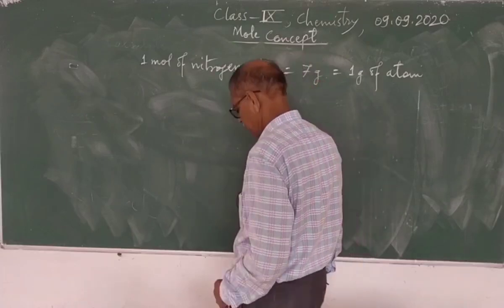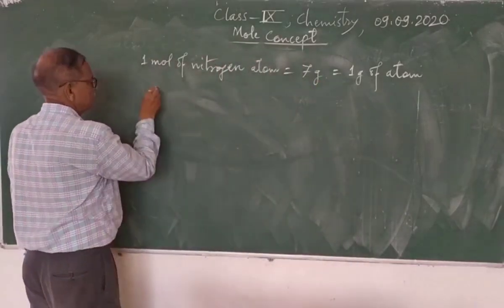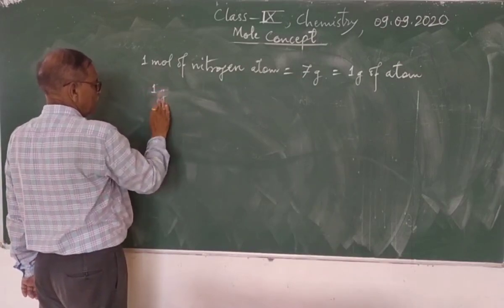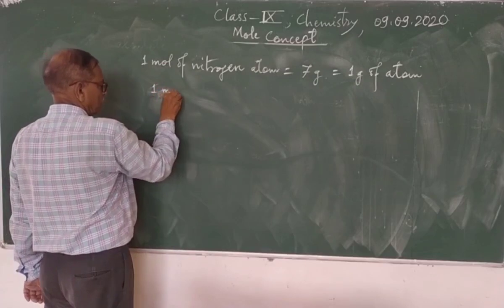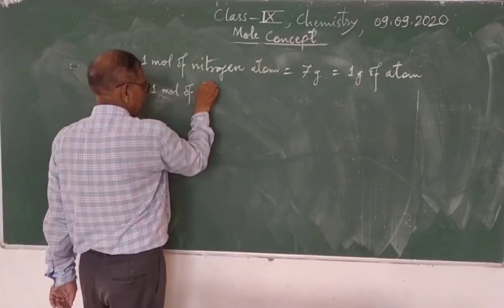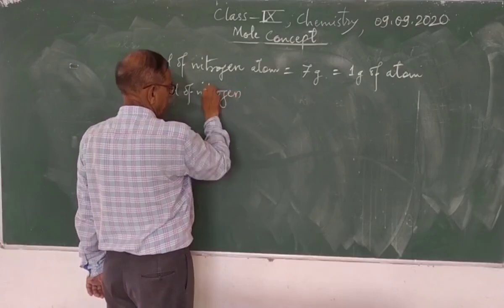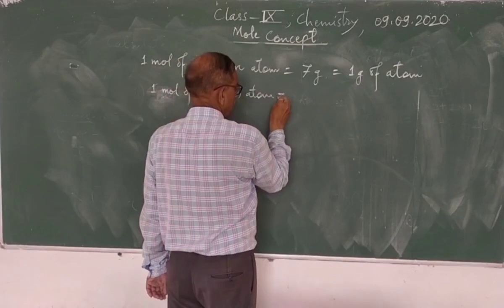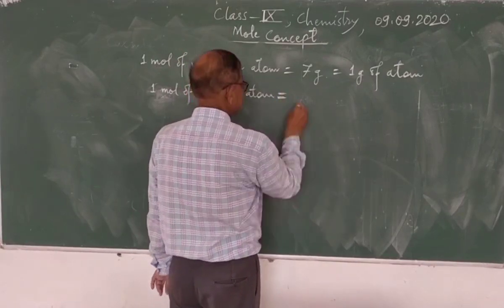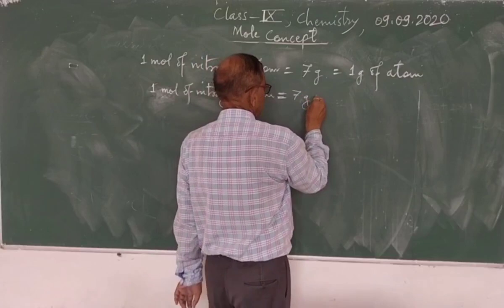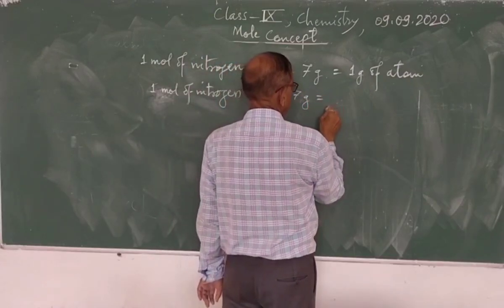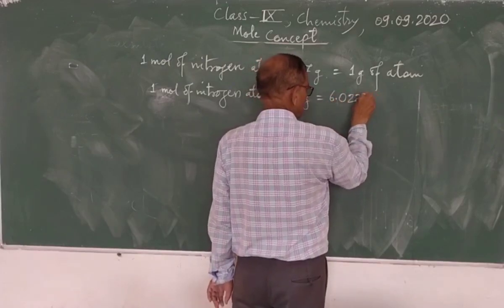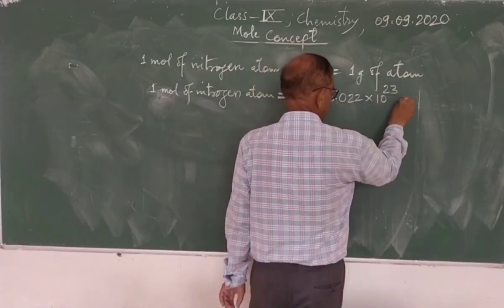And you know 1 mole of nitrogen atom is equal to 14 gram, which is equal to 6.022 into 10 raised to power 23 atoms.